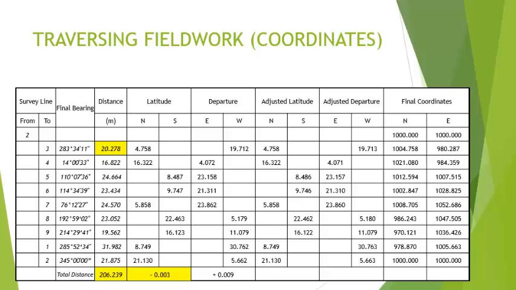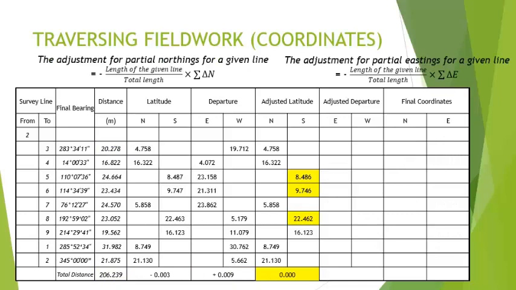The important values for this adjustment formula are the distance of the survey line, the total distance, and the total latitude for adjusted latitude, or total departure for adjusted departure. So the left formula here is for adjusted latitude and the right is for adjusted departure.